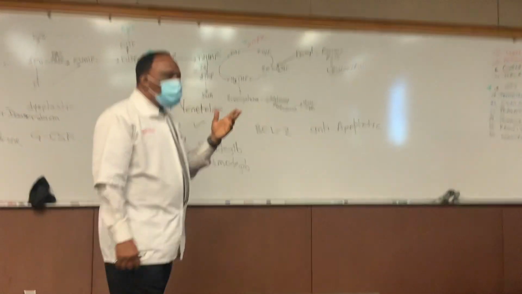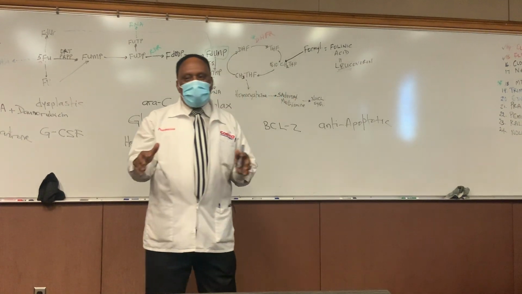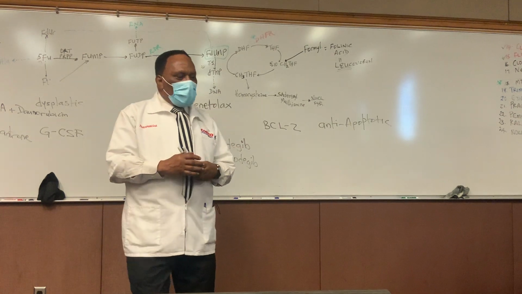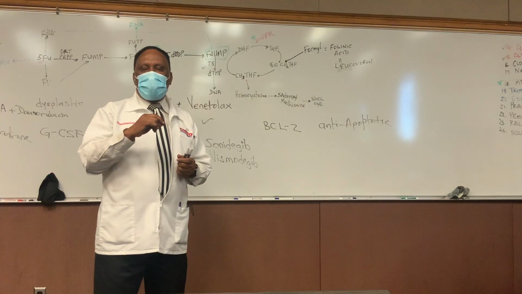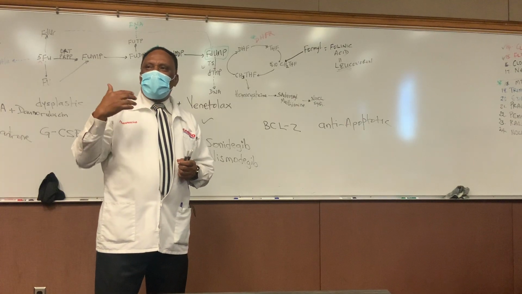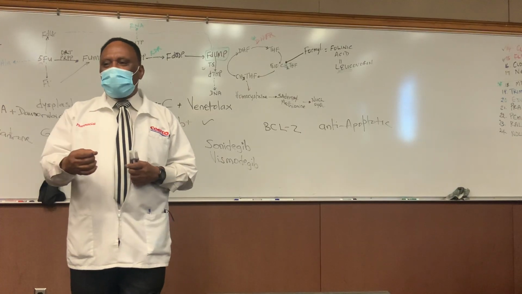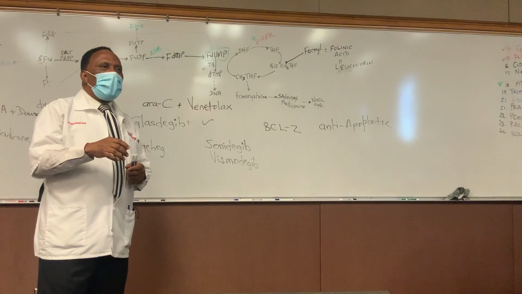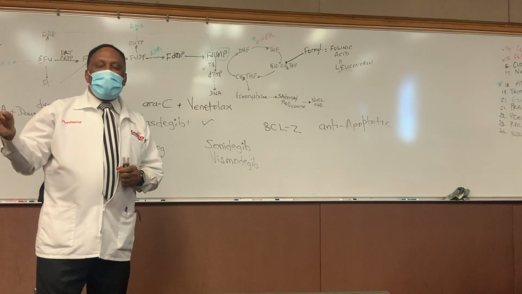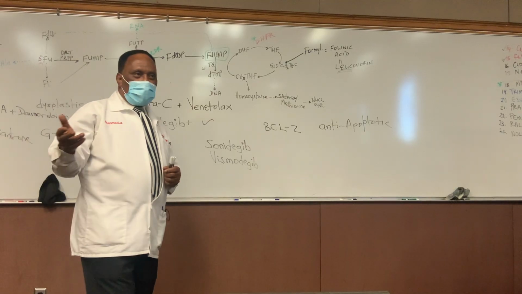So those two are effective in those forms of leukemia. 6-MP, that is 6-mercaptopurine, is sometimes also used for the induction of remission, not to treat, but to induce remission in a patient that has ALL, acute lymphocytic leukemia.